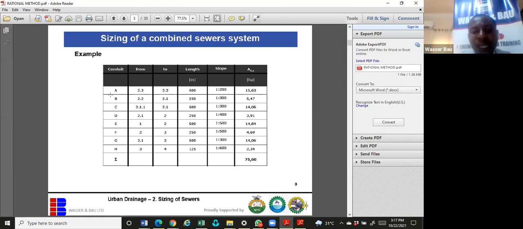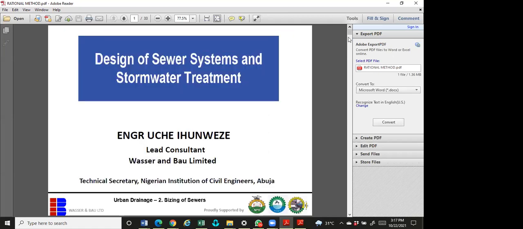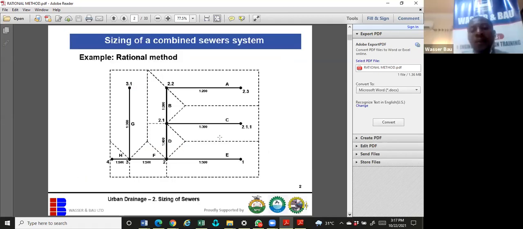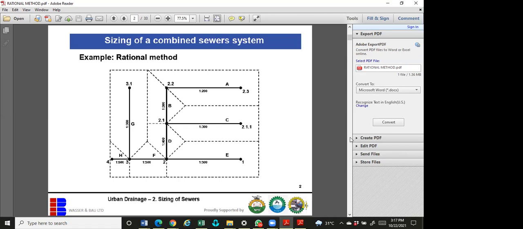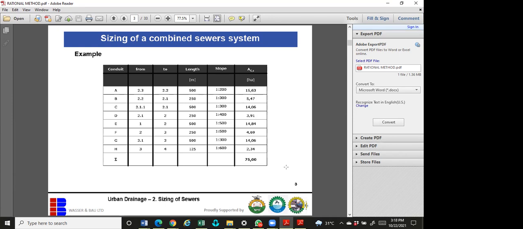You can see that catchment A, catchment C and catchment D are almost of the same size. So if you go down into the table, you also see that that is reflected. So these are the areas. But this is not the final area that you use. Rather, this is the total area, and the impervious area is what you're going to use.